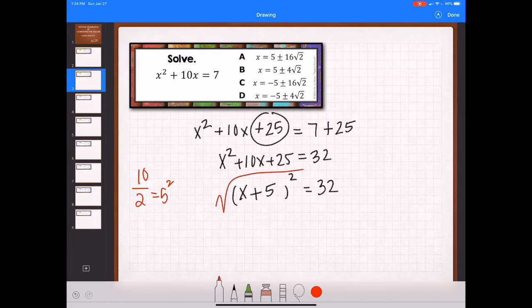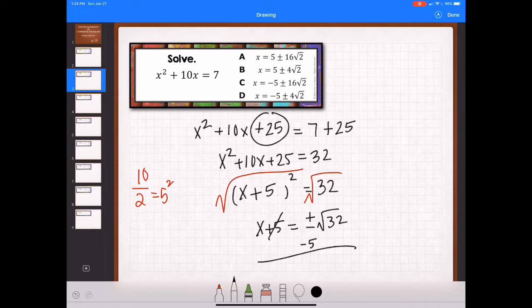And now I can take the square roots. So that gives me x plus 5 equals positive and negative radical 32. And I'm going to subtract 5. So x equals negative 5 plus or minus radical 32. And then I'm going to simplify radical 32.